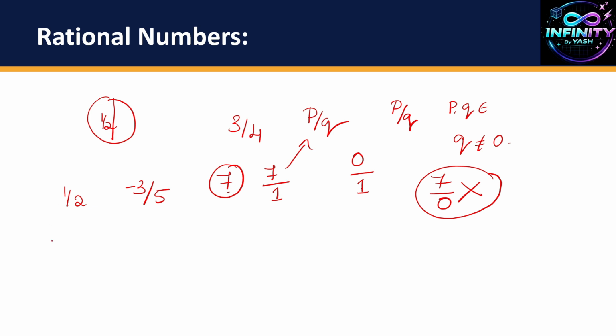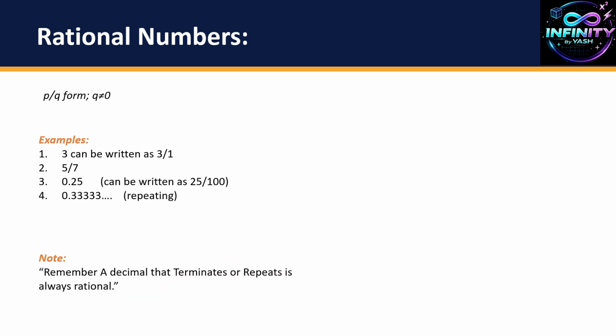You should keep in mind that even decimals belong to rational numbers. For example, 0.5 can be written as 1 by 2, so it is another form of rational numbers. Even 0.33333, you should remember that a decimal that terminates or repeats is always a rational number.